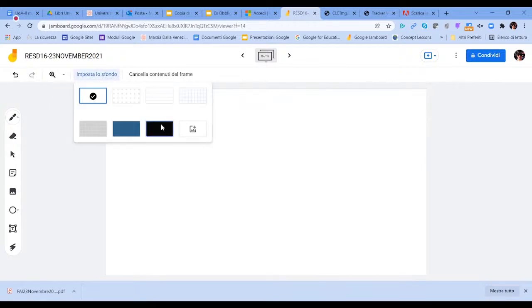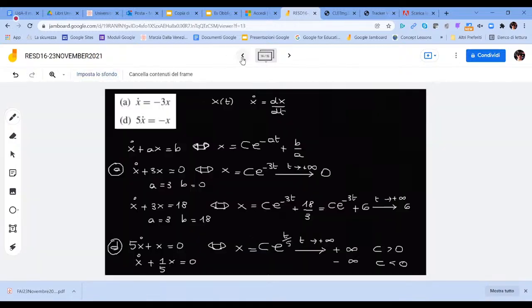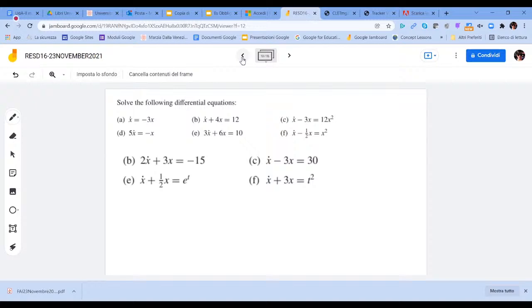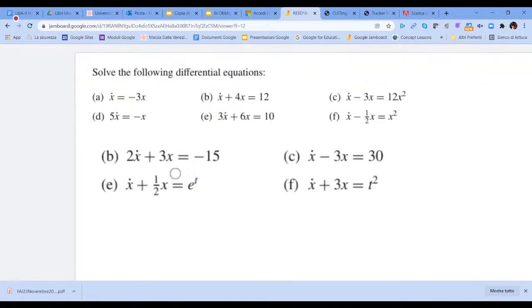So let's perform some other computation. We can use, for instance, this. Maybe this.